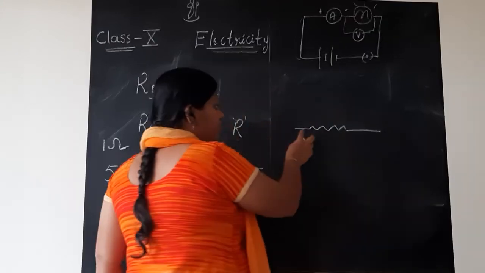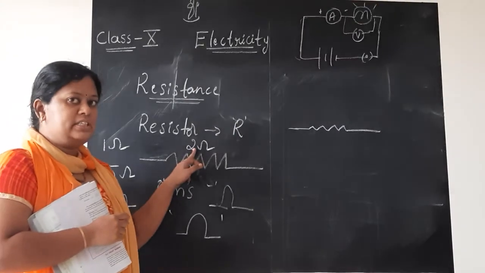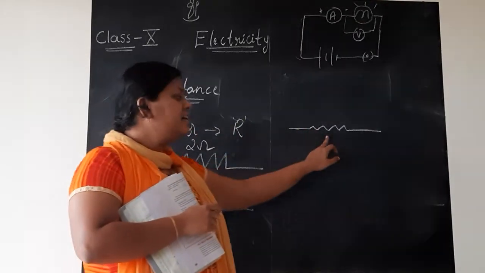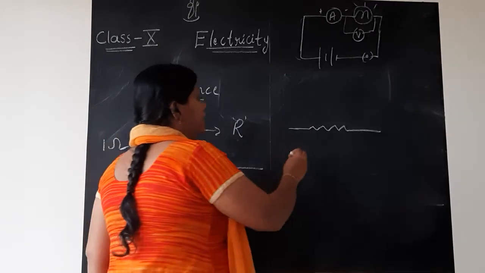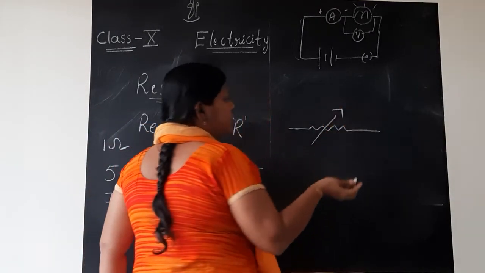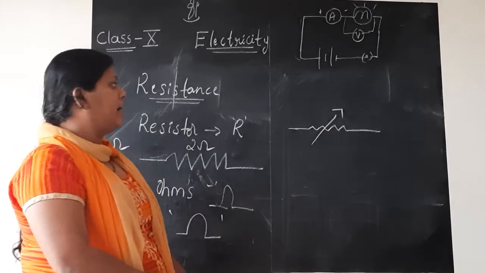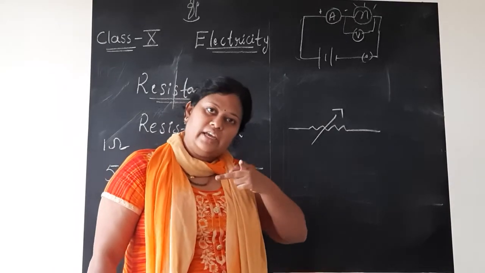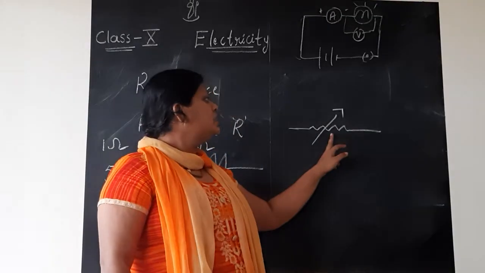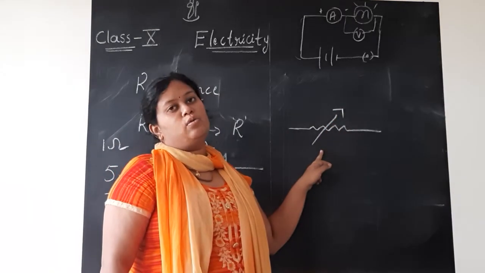See, I have mentioned here 2 ohms is the value of this resistor, but here I am not mentioning how much value it is. It may be anything: 3 ohm, 5 ohm, 1 ohm, 10 ohm, 15 ohm. So it does not have a fixed value, which means it is varying. If it is varying, you show that by this arrow mark.